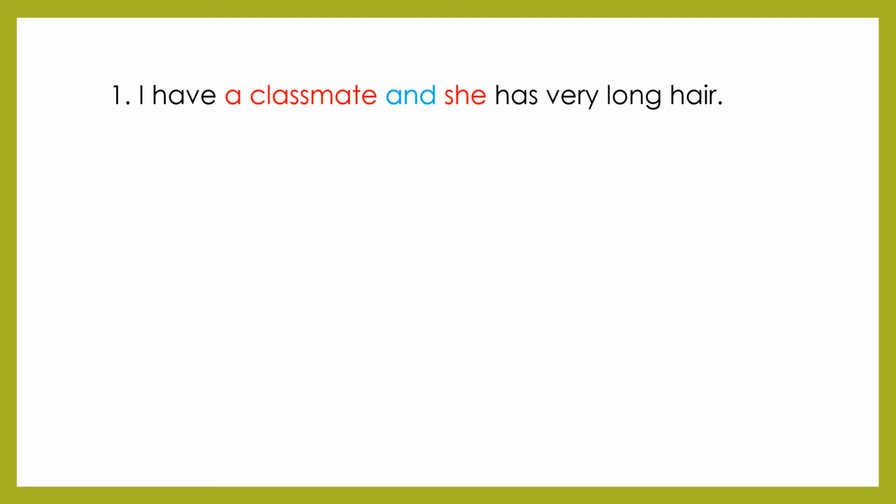Number one. Okay, we have: I have a classmate and she has very long hair. In this case, she and a classmate is the same person, so we don't have to repeat she.